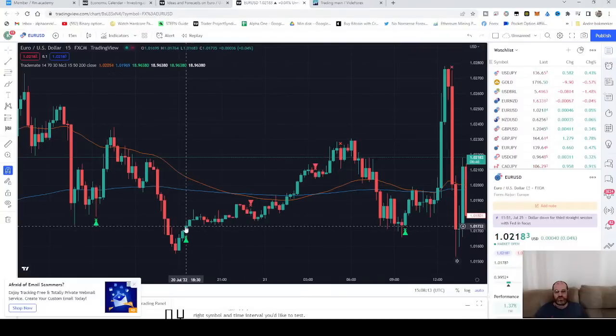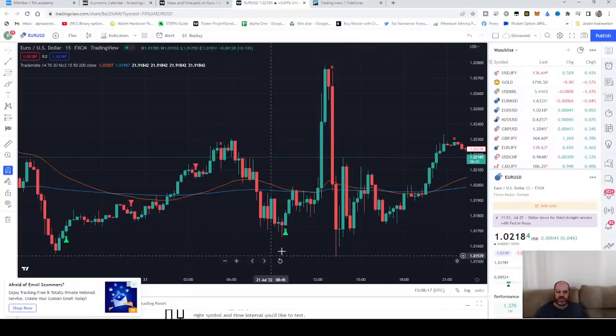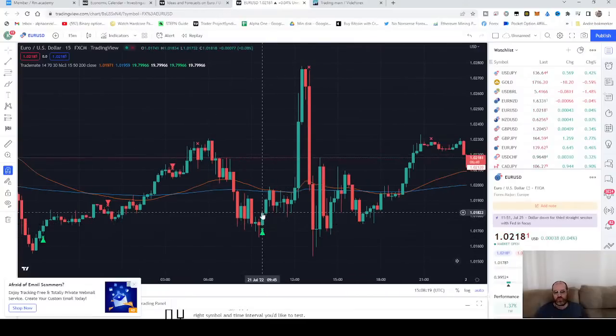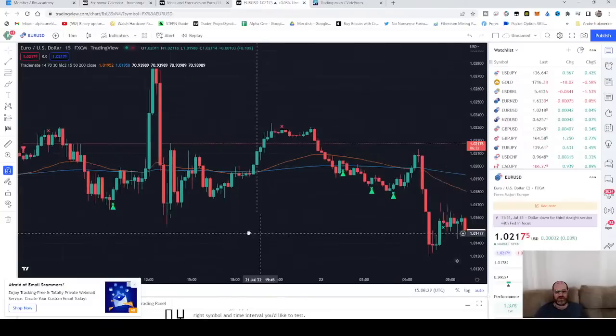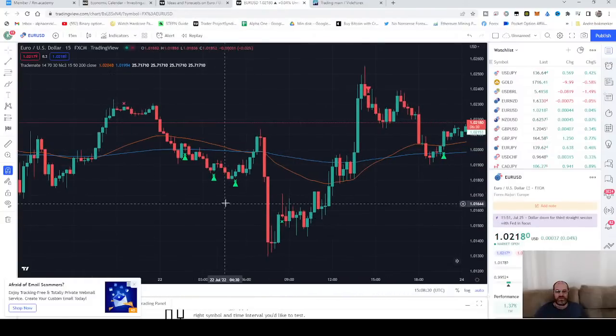So this one you will not open because you had a trade open from before. Then you see here, you open your trade here and you close it on the close here. So a tiny profit, but it's still a profit. And then you open here and you close it up here, so it's once again a profitable trade.